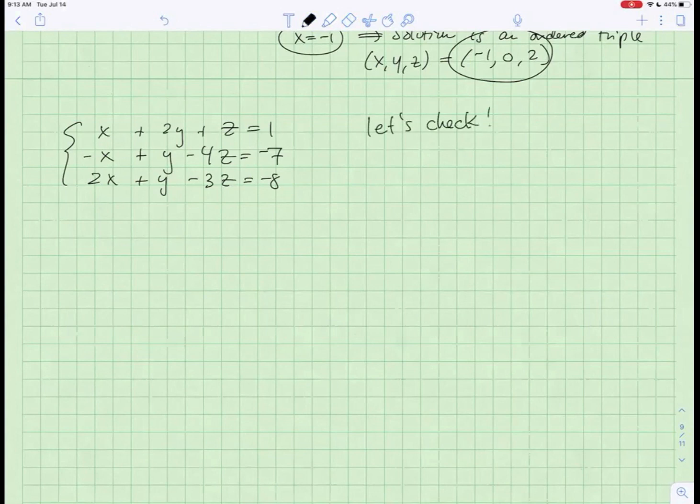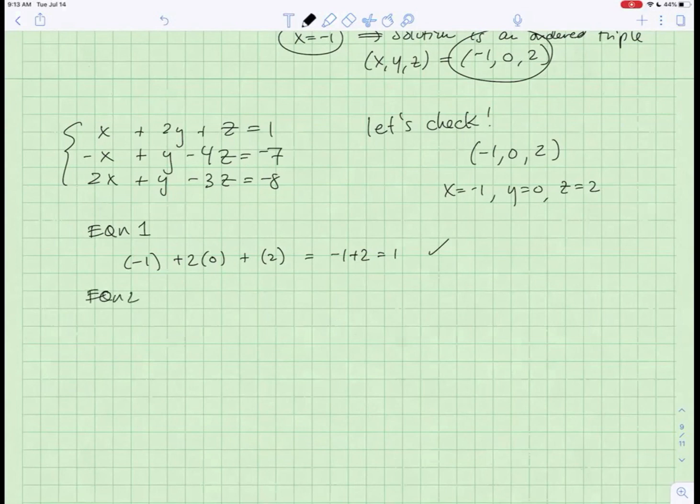So let's check. In equation number 1, the ordered triple is negative 1, 0, 2. So x is negative 1, y is 0, z is 2. And equation 1 gives us negative 1 plus 2 times 0 plus 2, which is negative 1 plus 2, which is equal to 1. That one works out. Check.